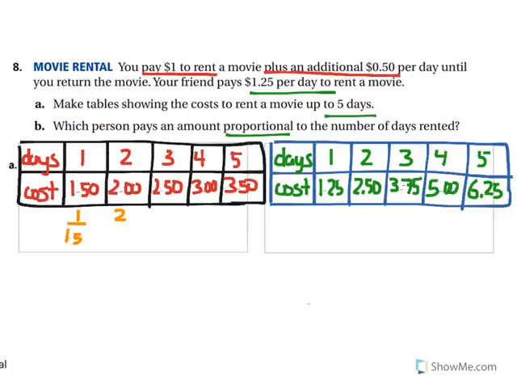Here we have 2 over 2, which is the same thing as 1 over 1, right? Here we have 3 over 2.5, which is the same thing as if I was to double the top and bottom, I'd get 6 over 5.